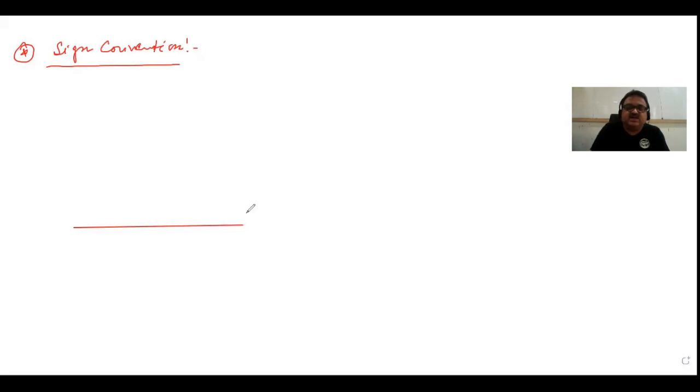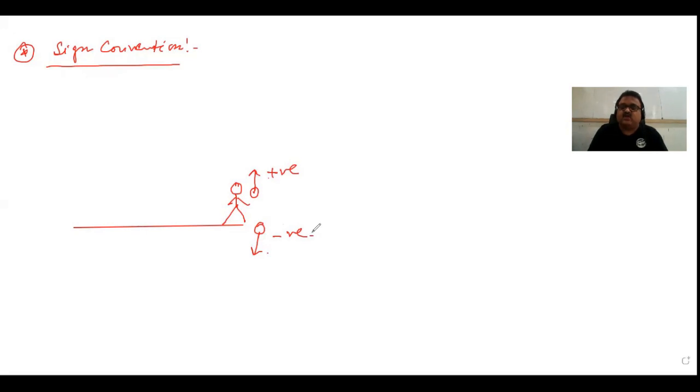Suppose this is the level from where a man throws anything in upward direction. If anything goes upward, that means the positive direction of the y-axis, so we'll consider that positive. And if anything goes downward, that is moving along the negative direction of the y-axis, we'll consider this negative. So this is positive and this is negative. Anything which goes above the level of throw, we'll consider positive. Anything goes below the level of throw, we'll consider that as negative.